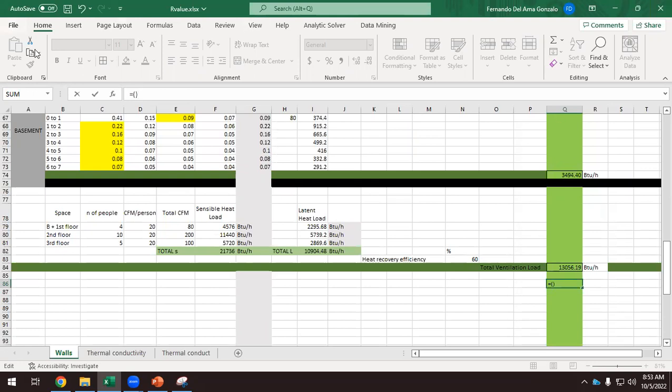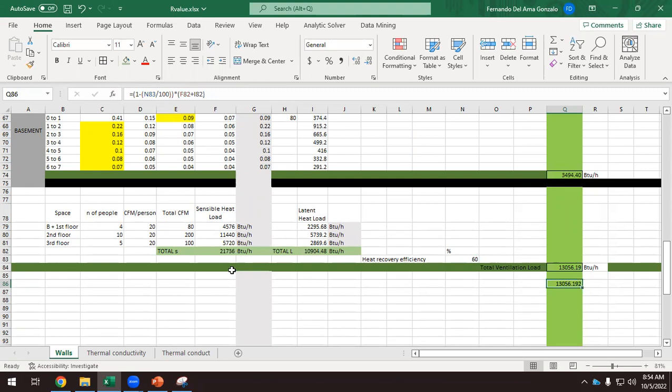Okay, so this is 1 minus the recovery percentage divided by 100, times the total sensible plus total latent load, and the result is the same. It's 13,000. Okay, so which formula do you like the most? I think the second one is easier.